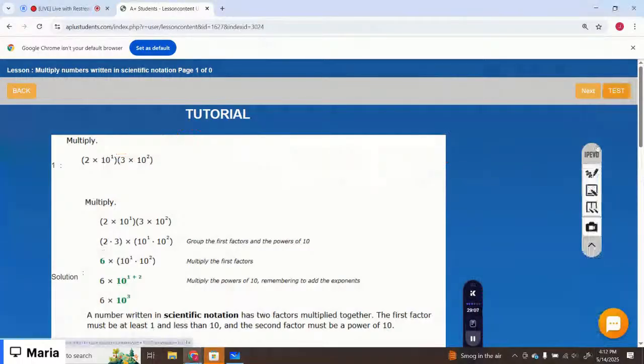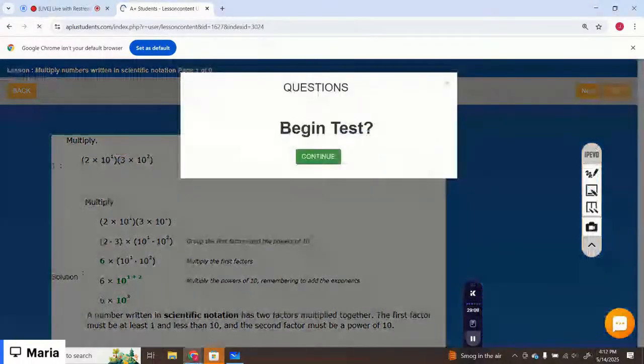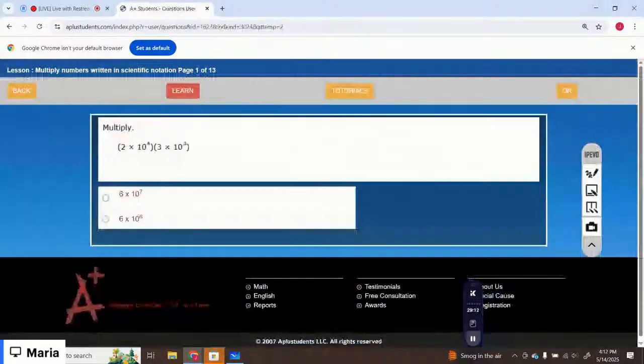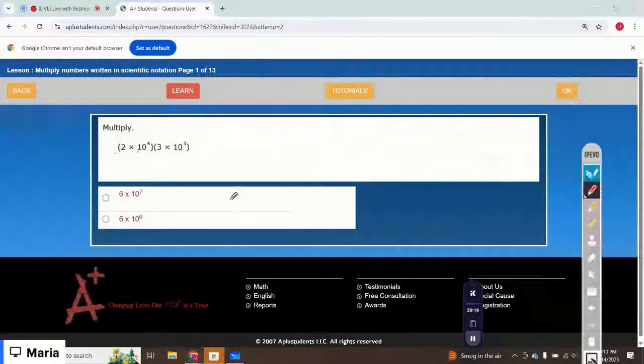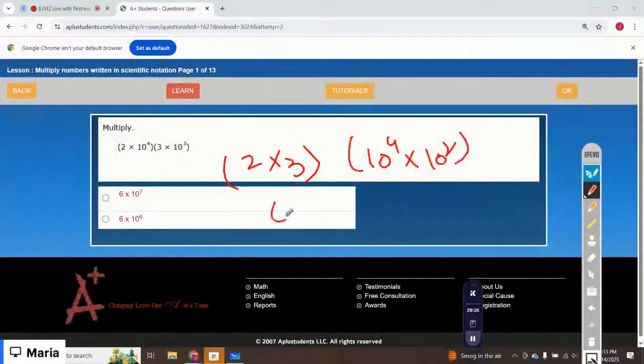Okay, let's just start with the test questions. So just multiply the coefficients and multiply the powers of 10. So you have to do 2 times 3 and then 10 exponent 4 times 10 exponent 3. 2 times 3 is 6, right? So their bases are same. You just have to add their exponents.